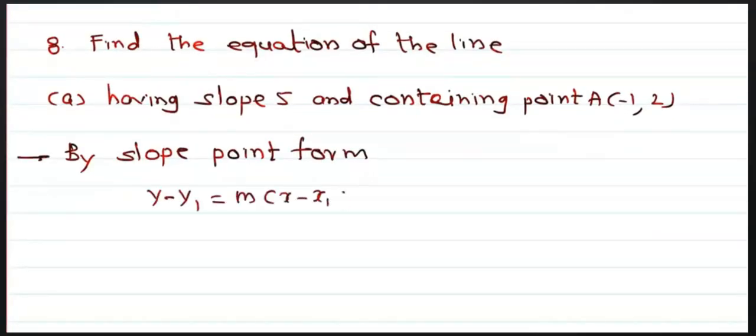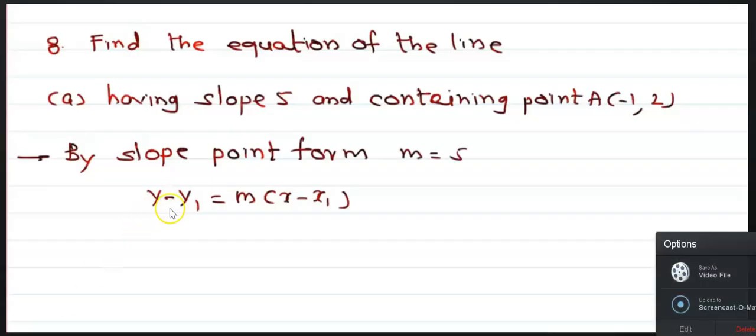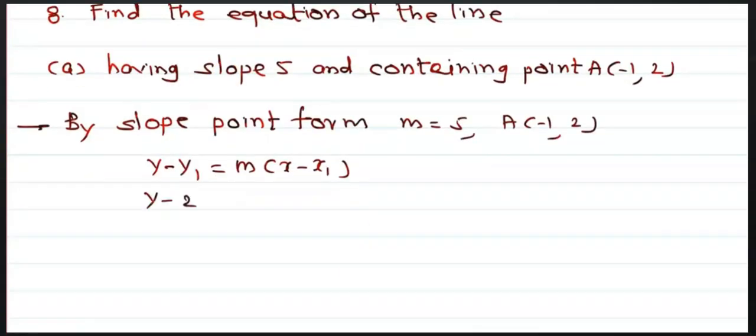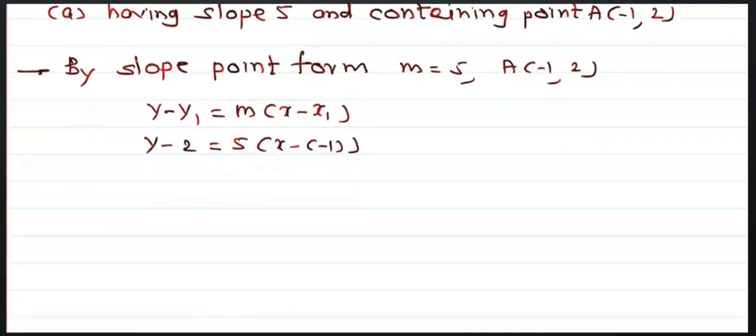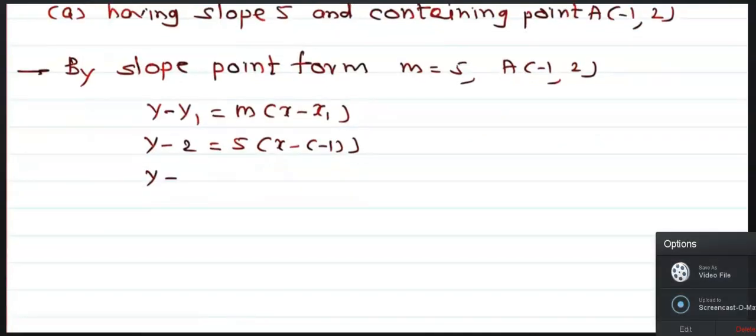By the slope point form, y minus y1 is equal to m times (x minus x1). Slope of the line is 5, and the point is (-1, 2). Substitute the values: y minus 2 is equal to 5 times (x minus (-1)).